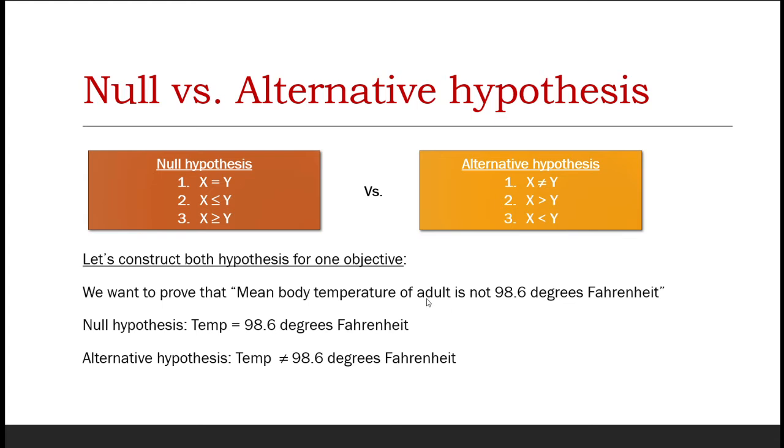So here we are talking about the temperature is not 98.6, then null hypothesis will be constructed like mean body temperature of an adult is equal to 98.6 degrees Fahrenheit. And opposite to it, in alternative hypothesis we will say that the temperature is not equal to 98.6 degrees Fahrenheit, which would be in line with the objective of the experimentation.